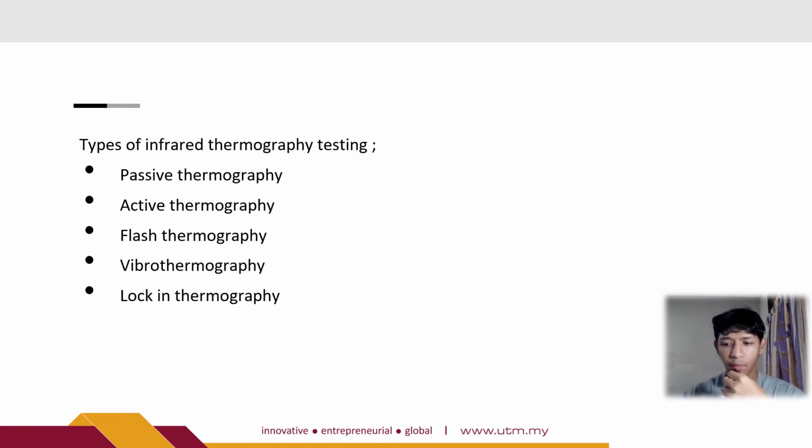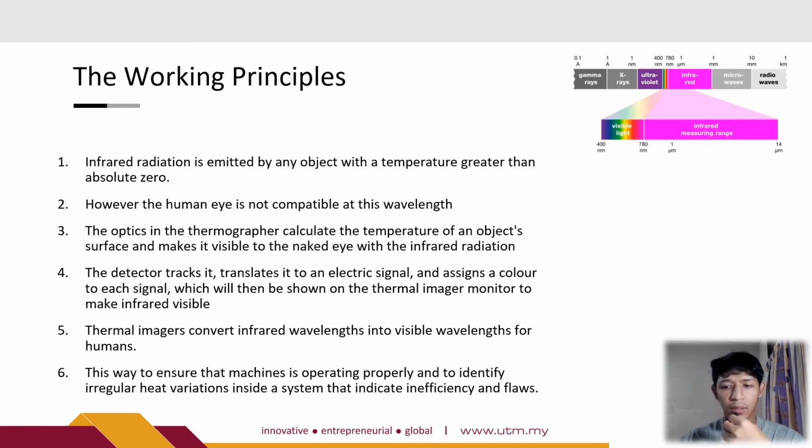and sound. So next, the working principle of infrared thermography, the way it detects in the railway situation. Firstly, infrared radiation is emitted by an object with a temperature greater than absolute zero. This is important. However, the human eye is not compatible with this wavelength, so we cannot read infrared radiation.